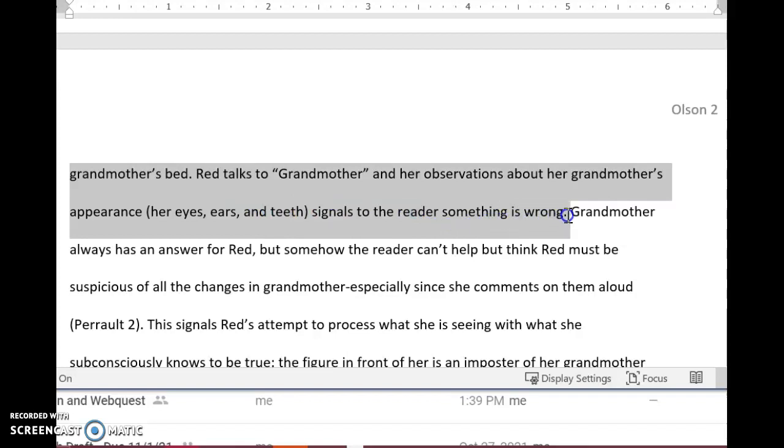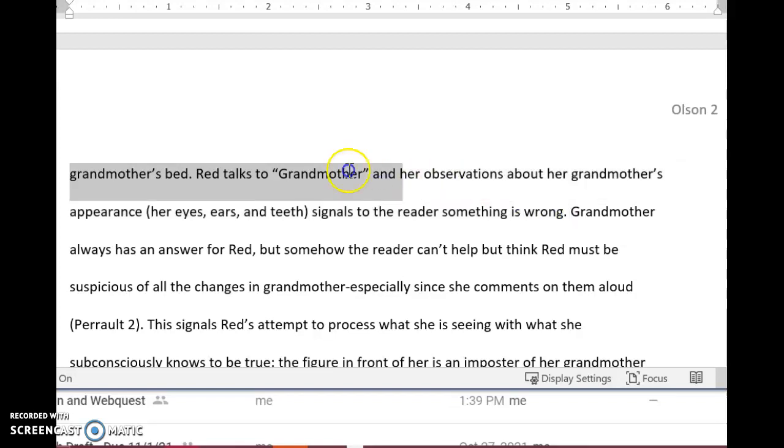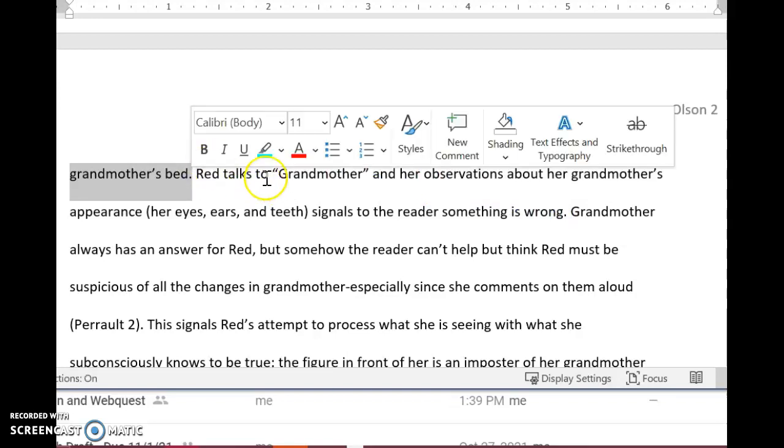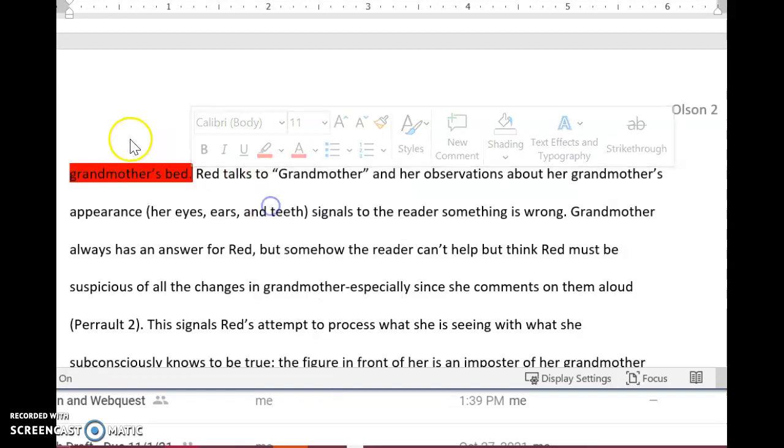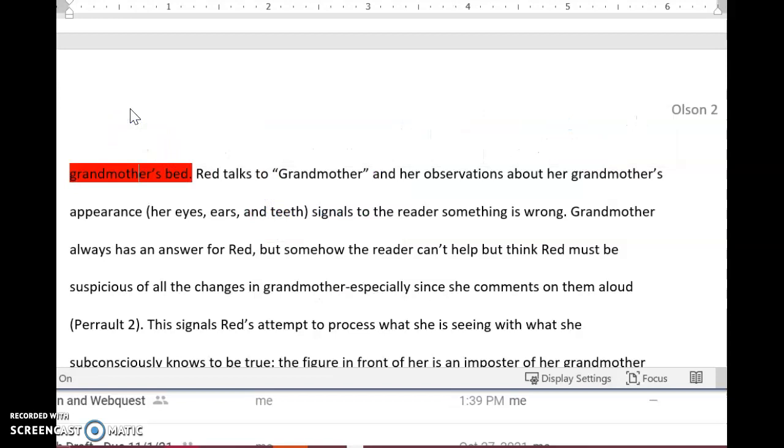So right here, where she approaches grandmother's bed, that's my background information. So I need to maybe make that a little more clear, that I'm transitioning from background information to my evidence.